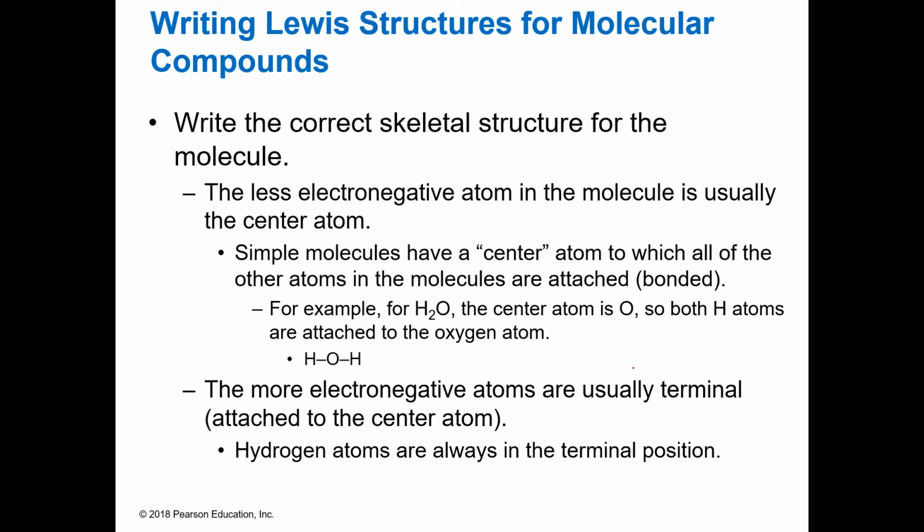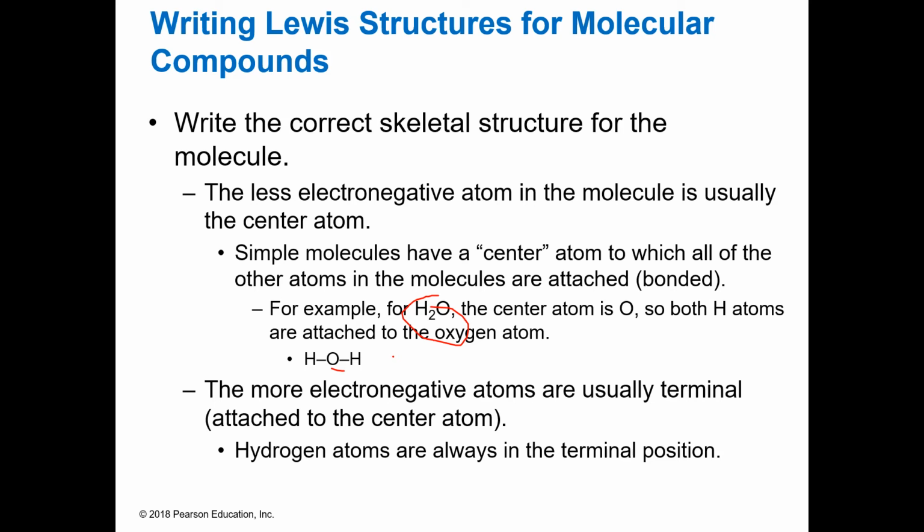All right. When we write the skeletal structure for the molecule, this is where we're figuring out what's our central atom, what's going to be in the middle. Like for water, for instance, oxygen's in the middle. Why is it in the middle? So picking our middle atom: the less electronegative atom in the molecule is usually the central atom.